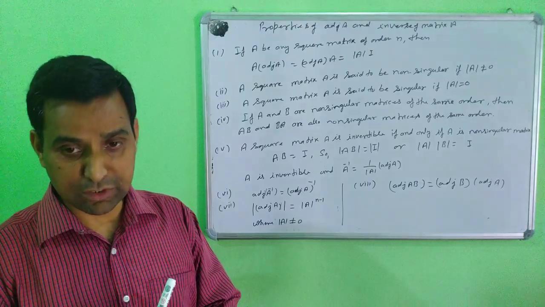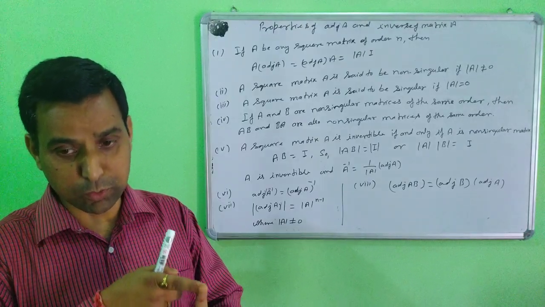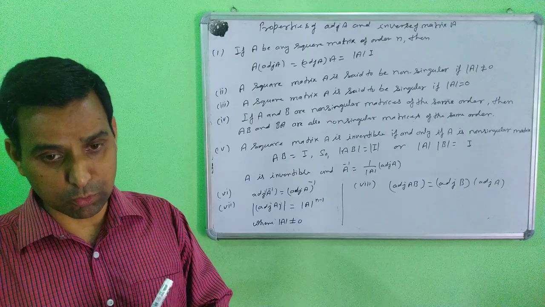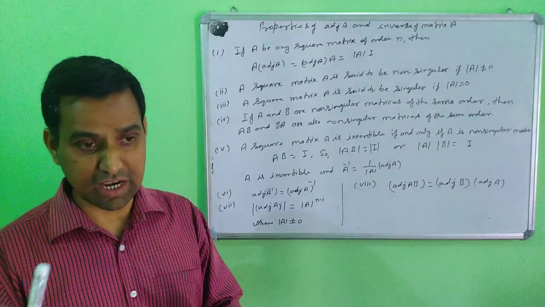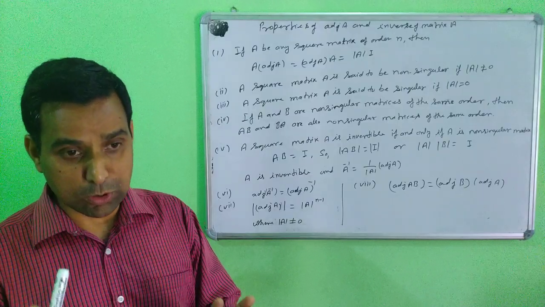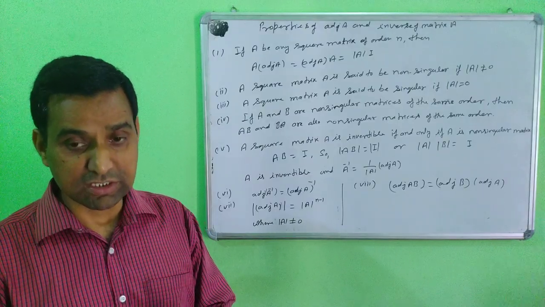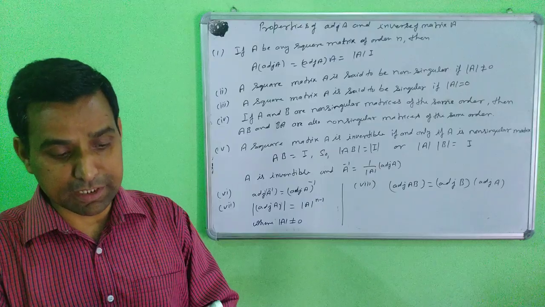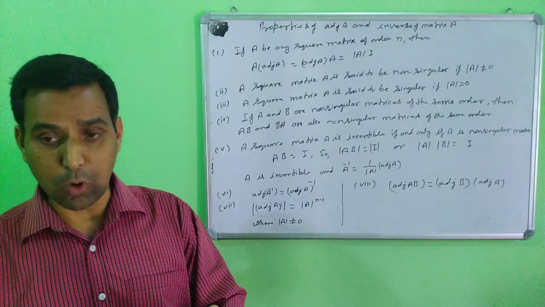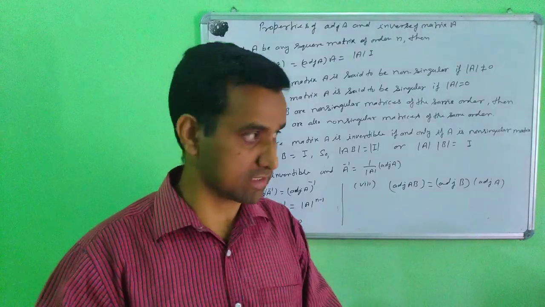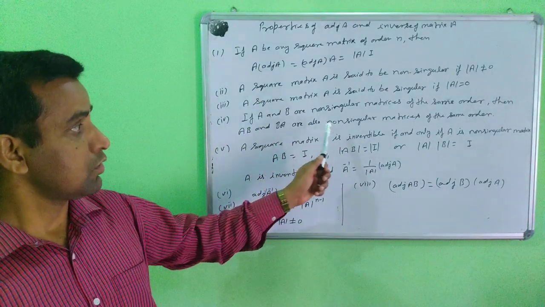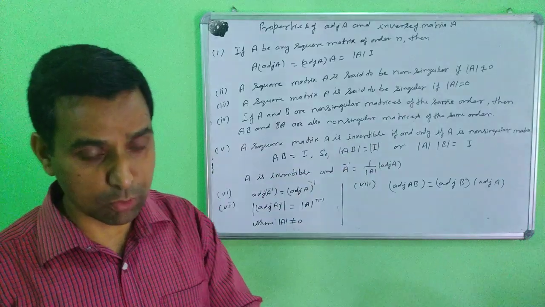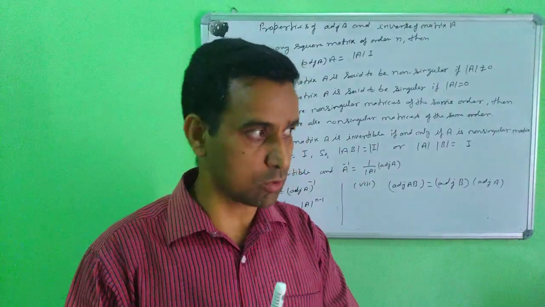Suppose matrix A is of order 3 by 3 and matrix B is also 3 by 3, and both are non-singular. Then if you multiply A and B, the result is also non-singular, and if you multiply B into A, that is also non-singular. In both cases you can find the inverse also.